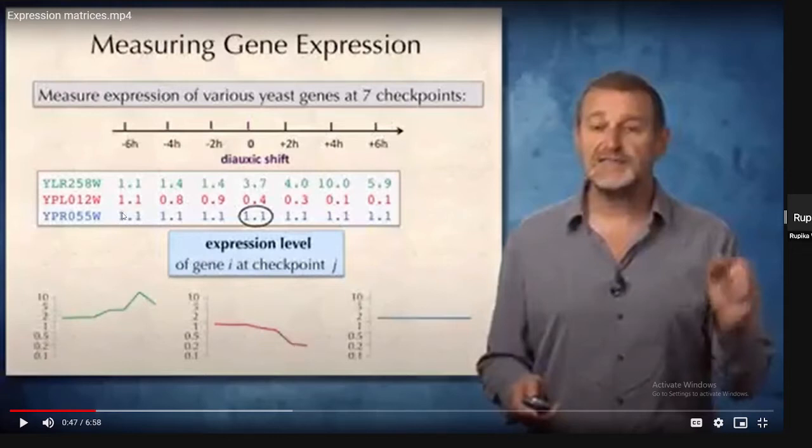This one is not affected. We can say the action of this gene is not affected by the oxygen, whether it is anaerobic or aerobic. Okay, any questions here?